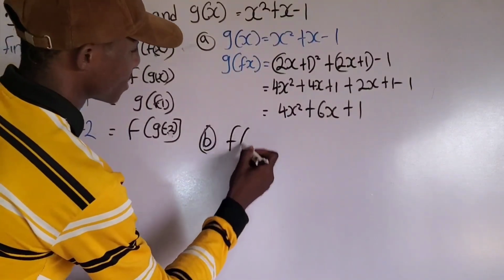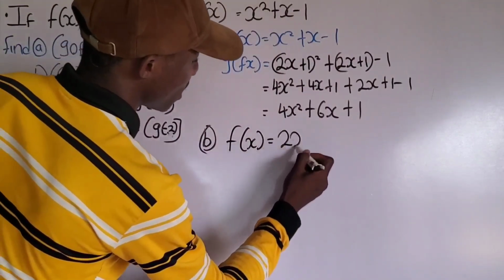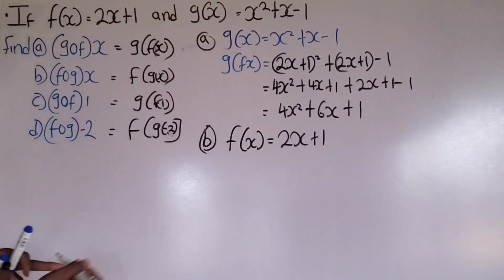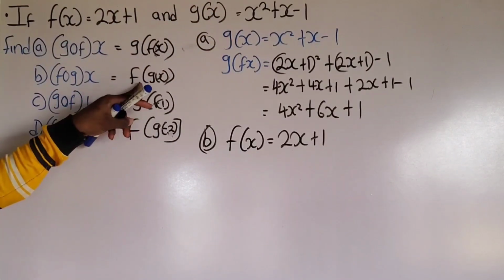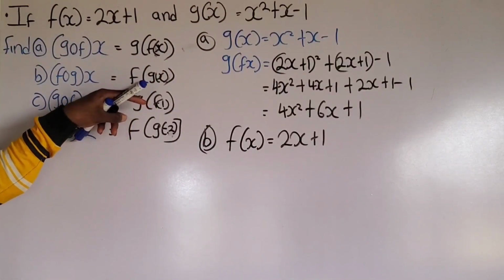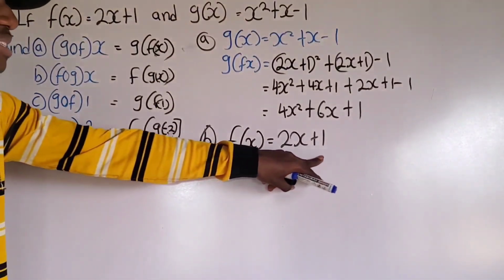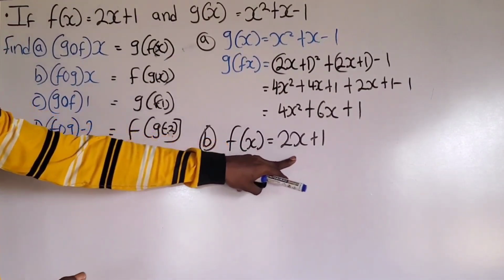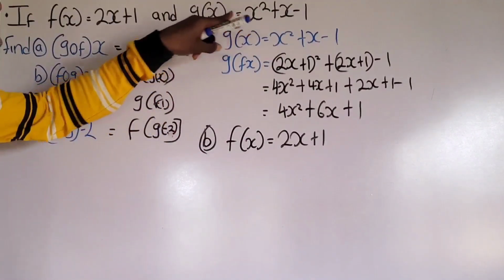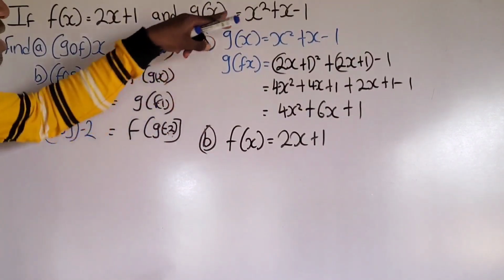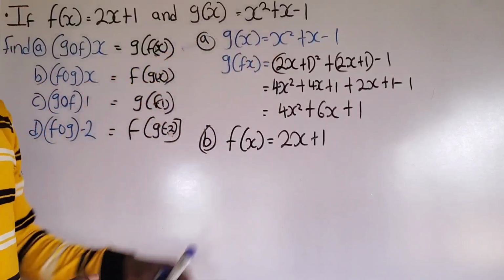So f of x is equal to 2x plus 1. Now since we have f of g of x, anywhere I see x in f of x, I'm going to replace it with g of x. You understand? And don't forget that g of x is x squared plus x minus 1.